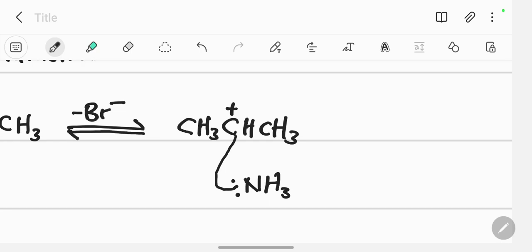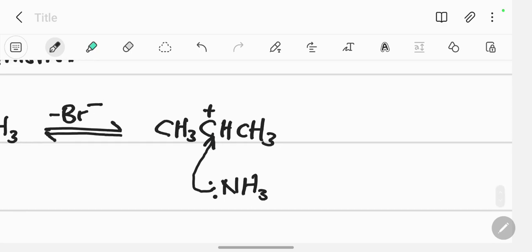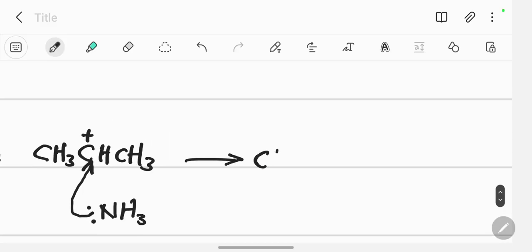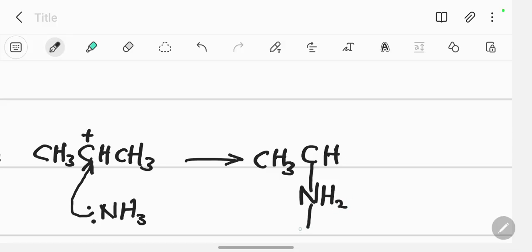So what it does, goes and combines with that, forming CH3, CH, ammonia, CH3, and hydrogen there. Now, this one has a positive charge there. Why? Because it's having excess bonds.